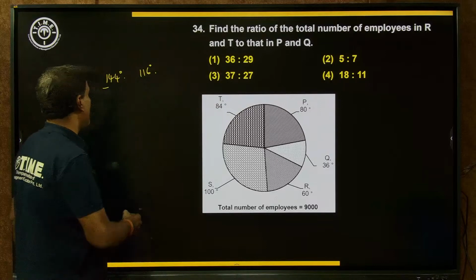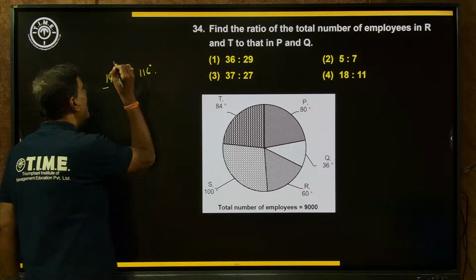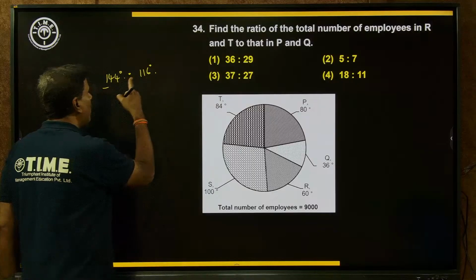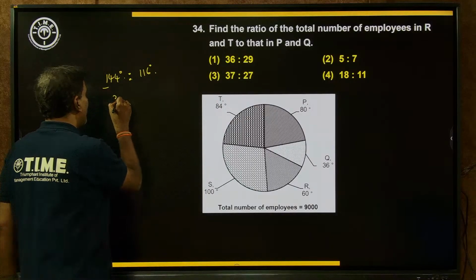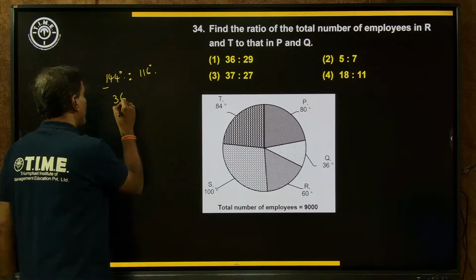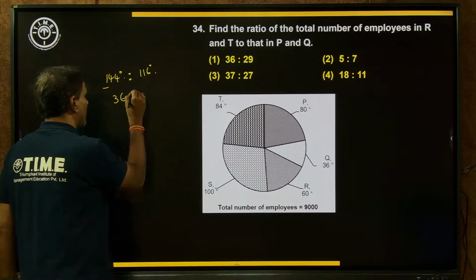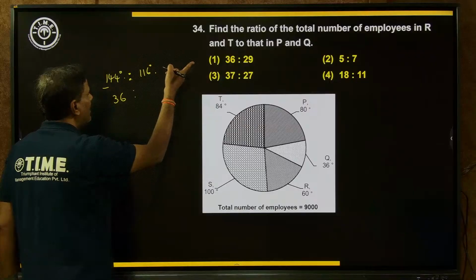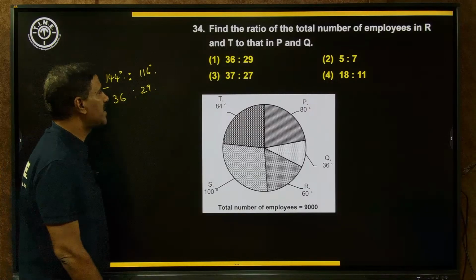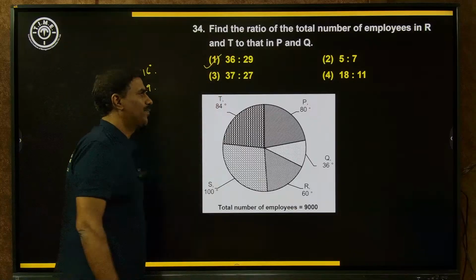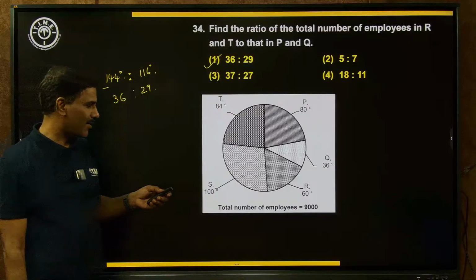What we understand is the answer depends directly on the angle values. 144 as well as 116 are clearly divisible by 4. 4 30s are 120, 36 means 24, which is 6 more times. Similarly here, 4 30s is 120, 1 time less will be 29. So it should be 36:29 is the ratio. One more doable, easy question.